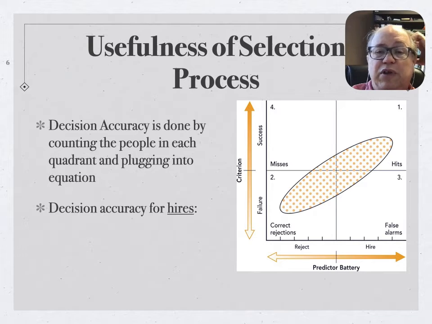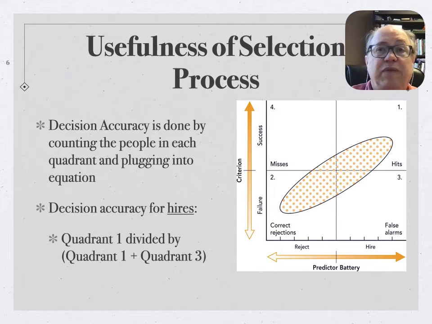And you'll notice there's numbers: 1 in the upper right quadrant, a quarter of the picture, 2 in the lower left, 3 in the lower right, and 4 in the upper left. And so what we're doing is using those numbers to describe our equation. To get the decision accuracy for hires, we're only interested in people in quadrants 1 and 3.